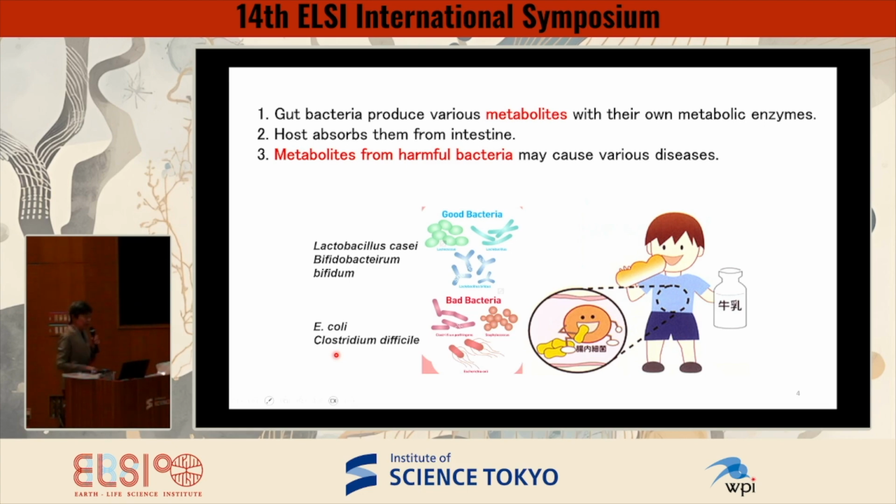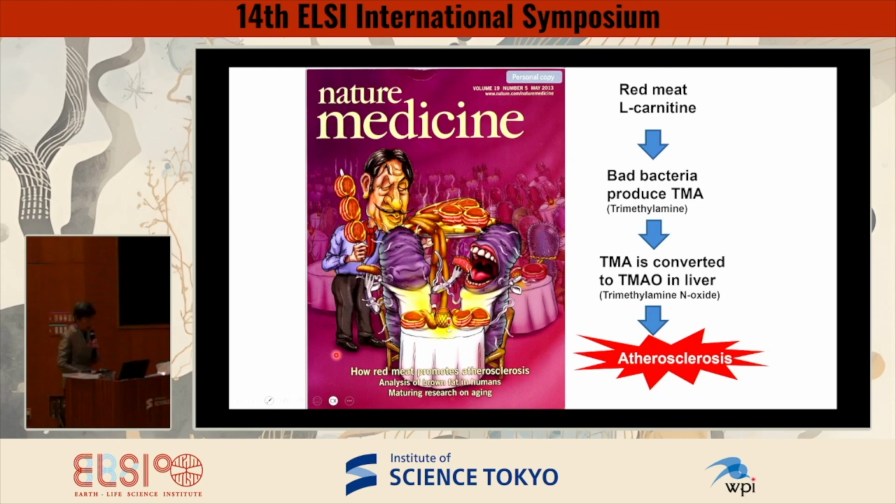You may think you eat healthy food, but in your gut, some bacteria make unexpected bad metabolites using their own metabolic enzymes. Then the host absorbs them from the intestine, and metabolites from harmful bacteria might cause various diseases. So this is one example.